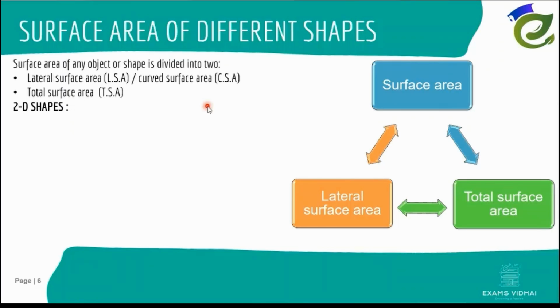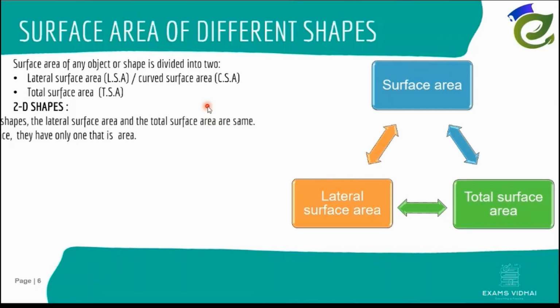So 2D shapes over here have only one surface area because they are completely flat and they do not have any volume. So for 2D shapes, the lateral surface area and the total surface area are the same. Hence, they have only one, that is area.